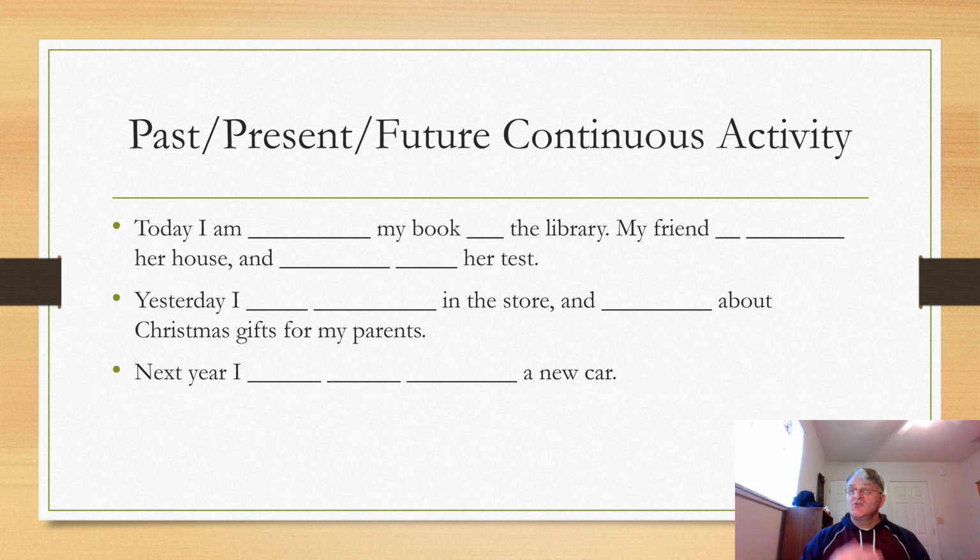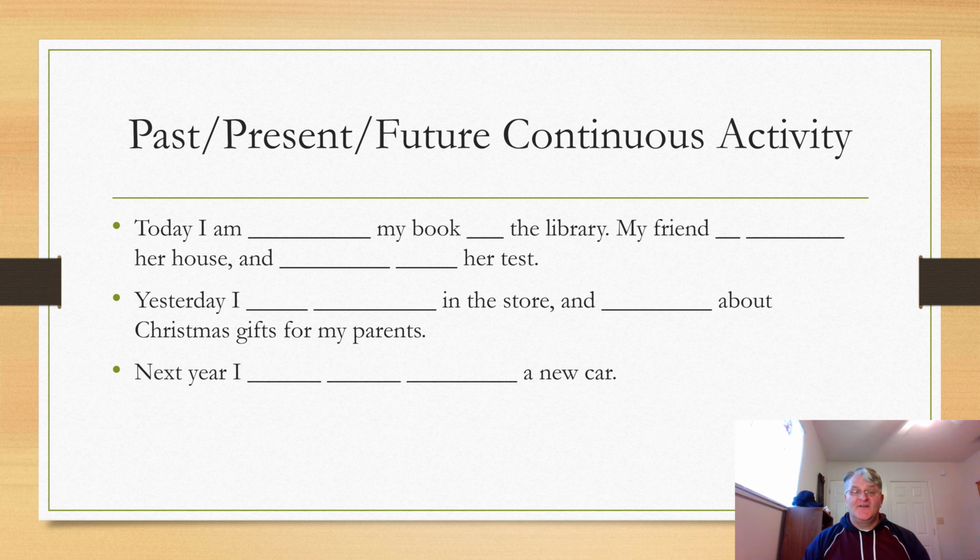So we can use two present continuous forms in one sentence. So today I am reading my book in the library. My friend is cleaning her house, and we could say reviewing for her test or and is reviewing for her test. Both ways are perfect.